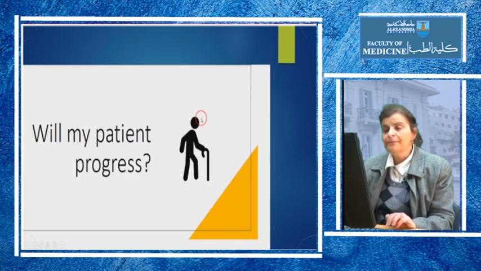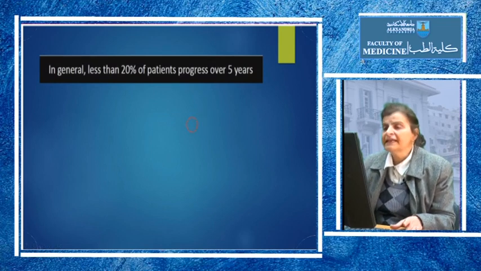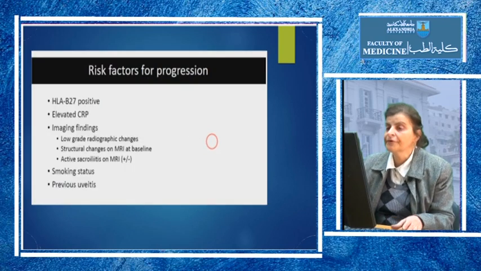So when will my patient progress? We ask ourselves. In general, we find that it progresses in less than 20% of patients over 5 years. What are the risk factors for progression?